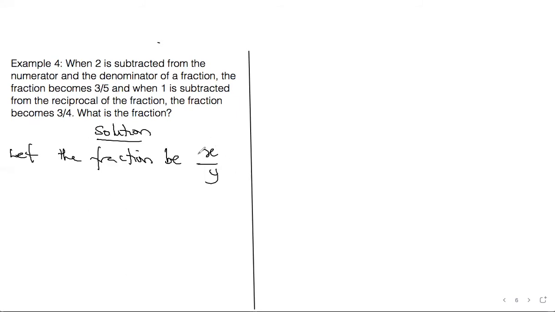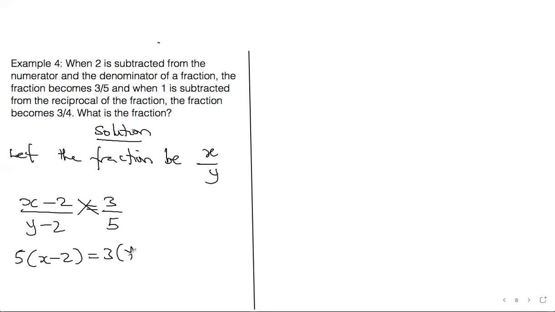Now, if the original fraction is x over y, when you subtract 2 from both the numerator and the denominator, you get 3 over 5, according to the question. So we have x minus 2 over y minus 2 equals 3 over 5. If you cross multiply, you have 5 into x minus 2 equals 3 into y minus 2.